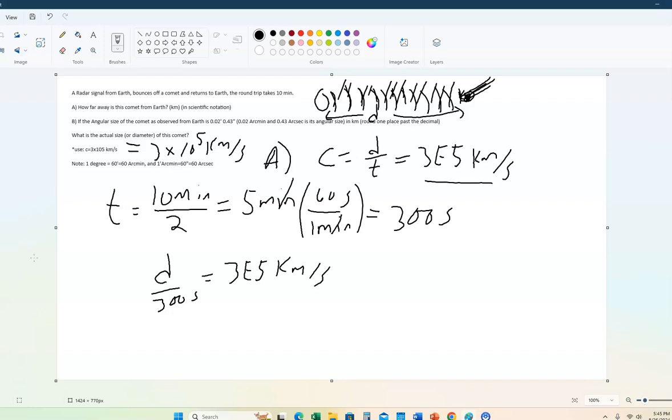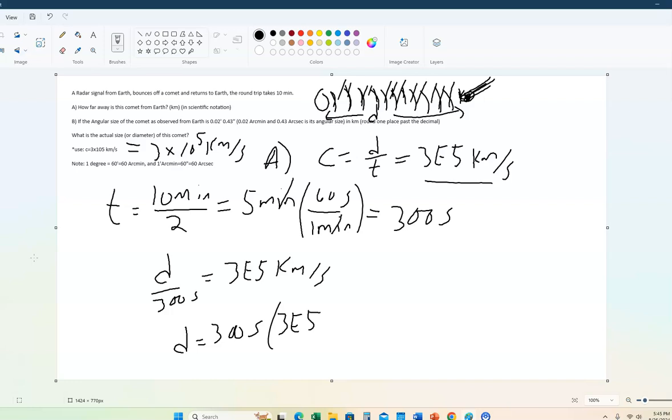If I multiply both sides by 300 seconds, I can solve for the distance. The distance equals 300 seconds times the speed of light, which is always 3 times 10 to the fifth.